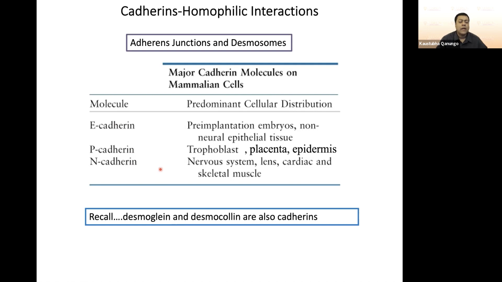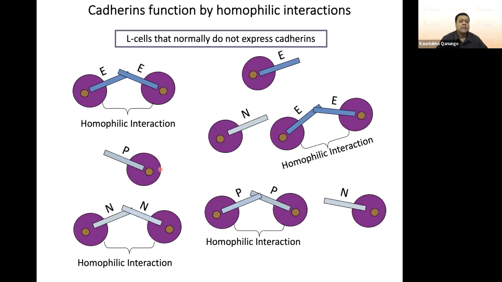And how it was actually determined is that the scientists isolated some cells which are called L cells. These are a kind of enteroendocrine cell. They secrete some of the hormones in the intestine. That is not needed, but these L cells are found in the intestine. So they isolated some of these L cells from the intestine. And why they isolated those: these are cells that do not express cadherin.